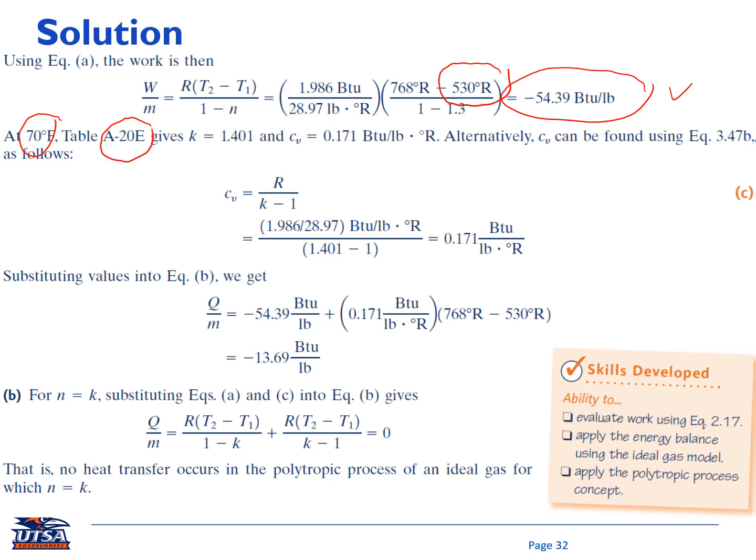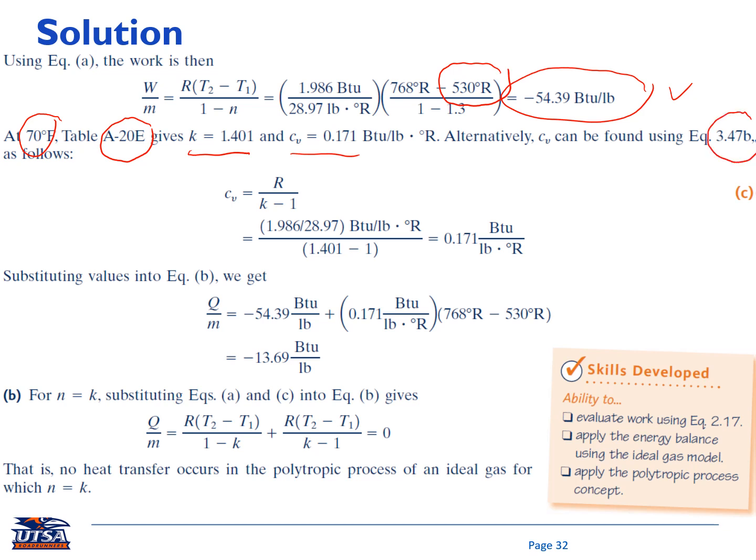Okay, table A-20E at 70 degree Fahrenheit, you will get k equal to 1.401 and Cv equal to 0.171.